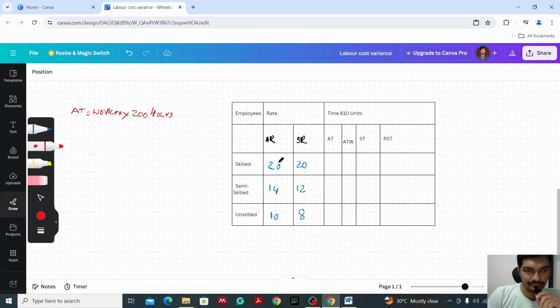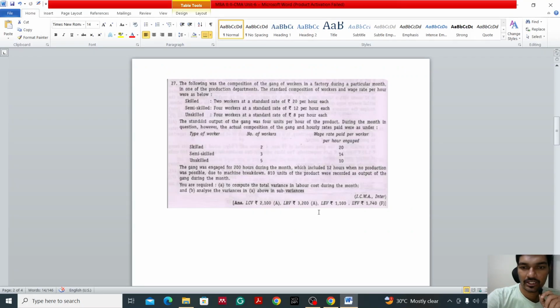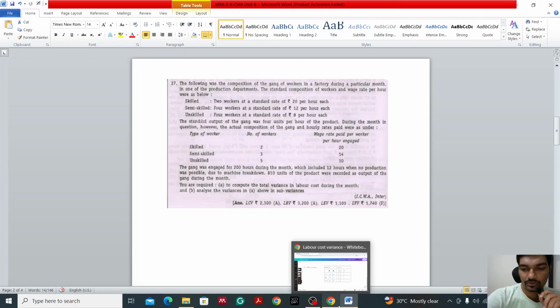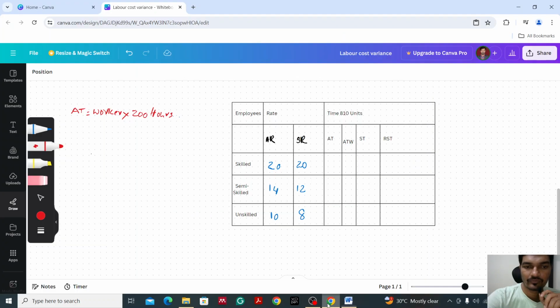The actual hours: the total number of workers in the actual data, for skilled 2, for semi-skilled 3 workers, for unskilled 5 workers. So 2, 3, 5. So 2 into 200, 3 into 200, 5 into 200.